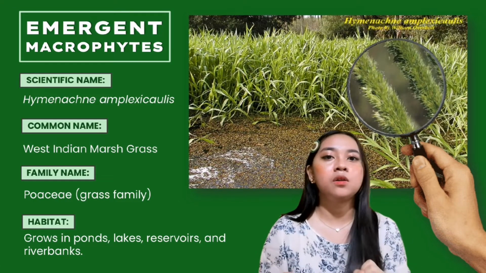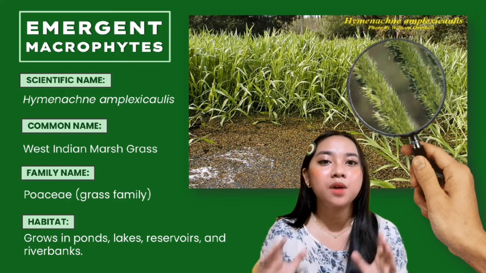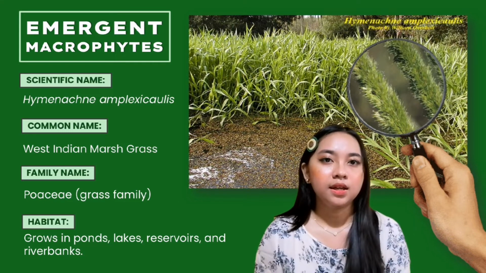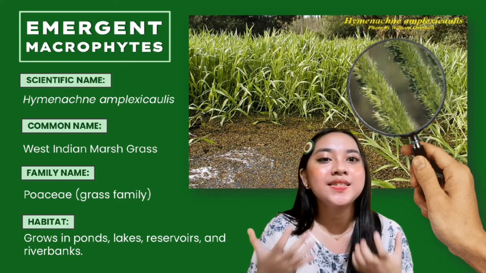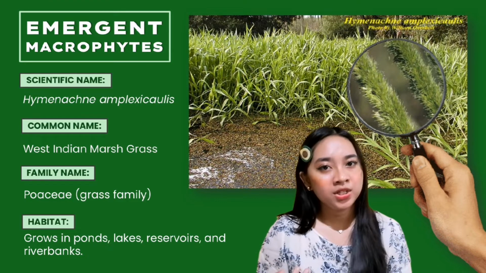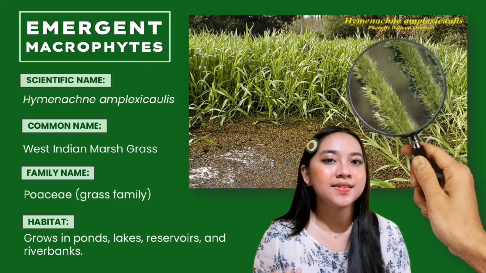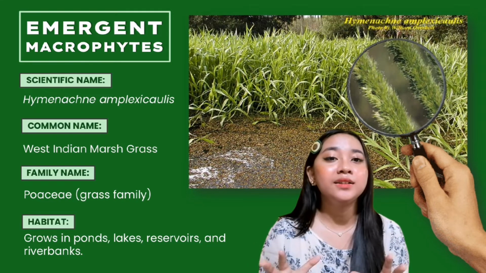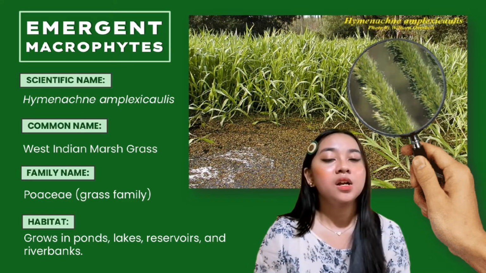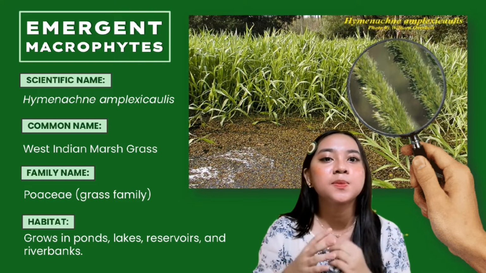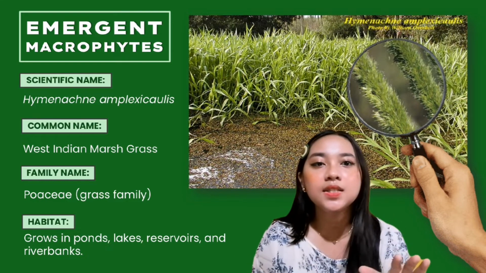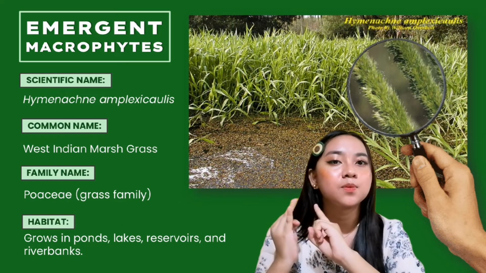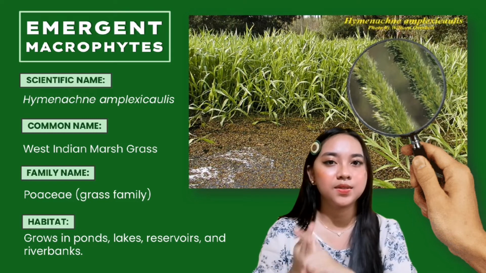Another example is from the scientific name of Hymenachne amplexicaulis, commonly known as West Indian marsh grass, which is a member of the Poaceae, of course the grass family. It is a perennial stoloniferous freshwater grass forming monospecific stands in seasonally flooded environments of the tropical and subtropical warm climatic zones.